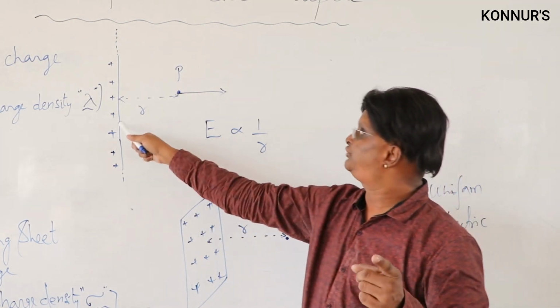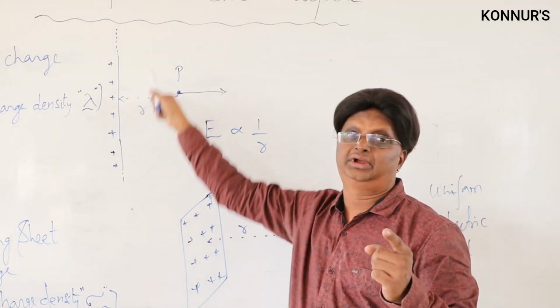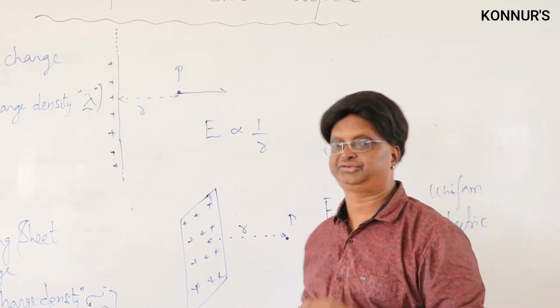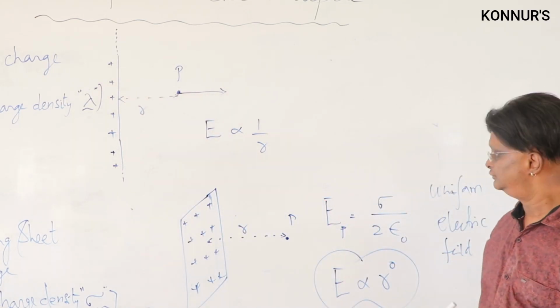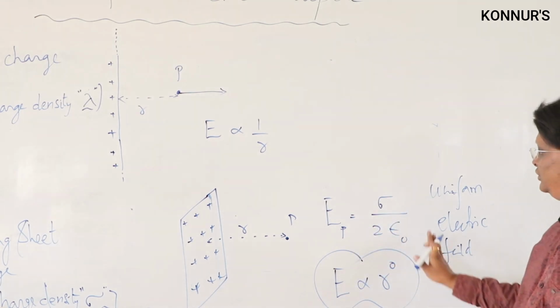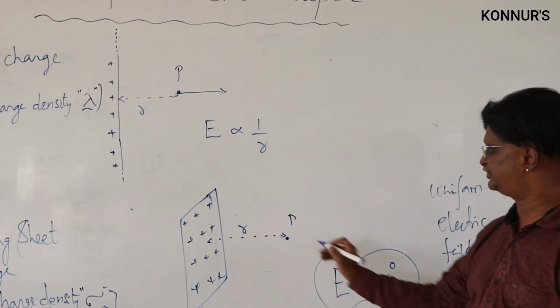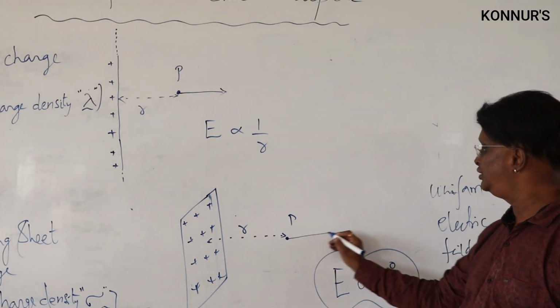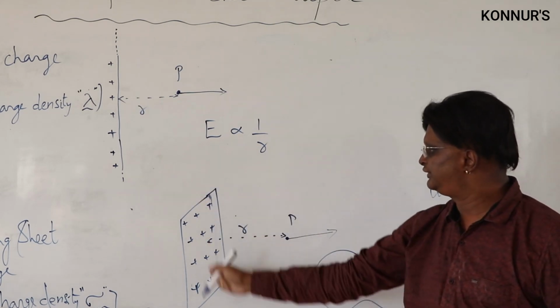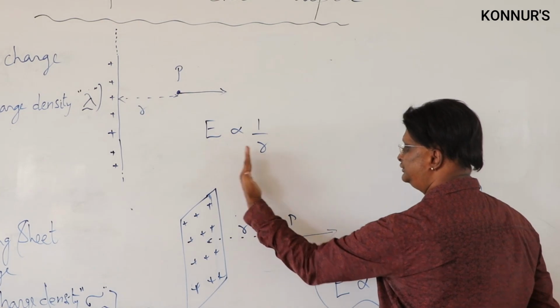If it is a negative charge, the same will be normal and towards the line of charge. In this case also, sigma by 2 epsilon naught is the intensity magnitude, and the direction is again normal to the sheet. Do remember, this is the sheet. The sheet is imagined like this.